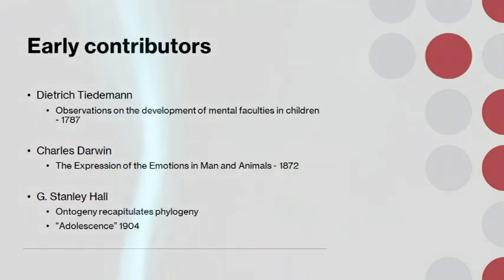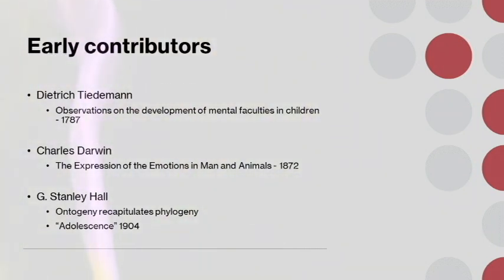And Darwin's insights into the adaptive significance of emotions provided a framework for understanding the role of emotions in human development and social behavior. And like Tiedemann, Charles Darwin also kept diaries of children, of his own children. And so these two baby diary researchers gave some insight into how people would change from one age to the next.